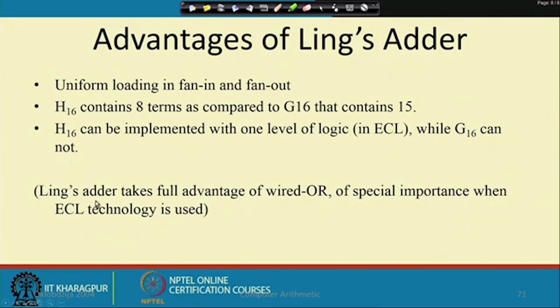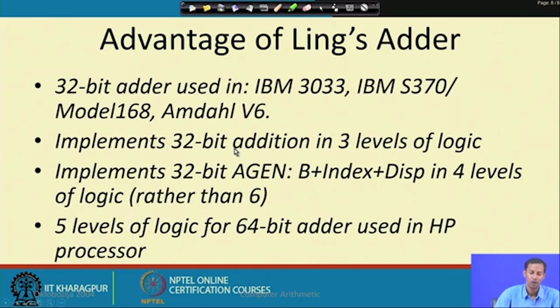Obviously, as I can decrease the number of logic levels, I can improve the speed or the operating frequency of the adder design using Ling's equation. And this 32 bit Ling's adder has been used in the IBM 3033 model.